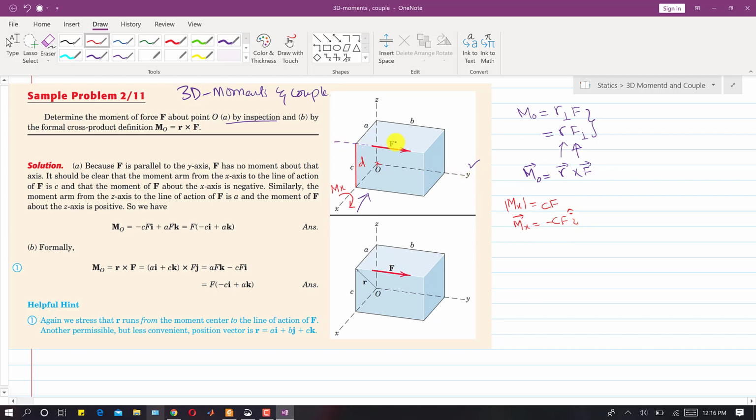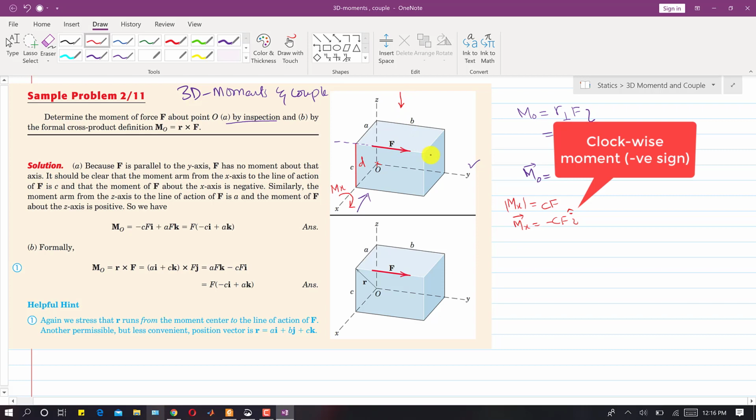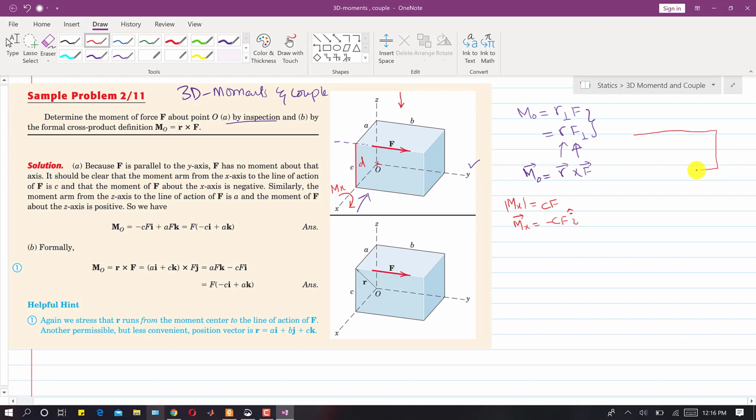Now if we look at this force from the top of this figure, we can see that again this force is parallel to y, but now this force has some perpendicular distance from O. From the top it will look like this rectangle, and this will be that force.